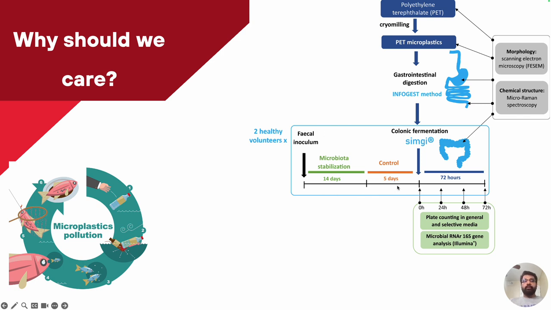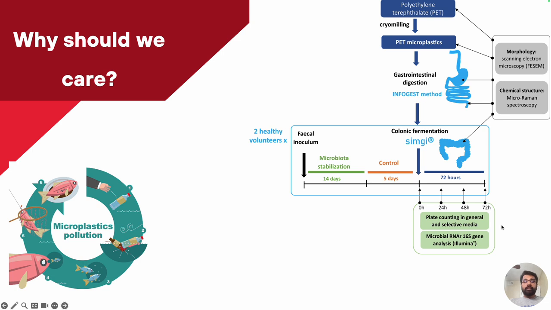They then modeled the ascending, transverse, and descending colon of these individuals in a model called SIMGI. They stabilized the control microbiota, introduced the microplastics, and measured the data for the next 72 hours.